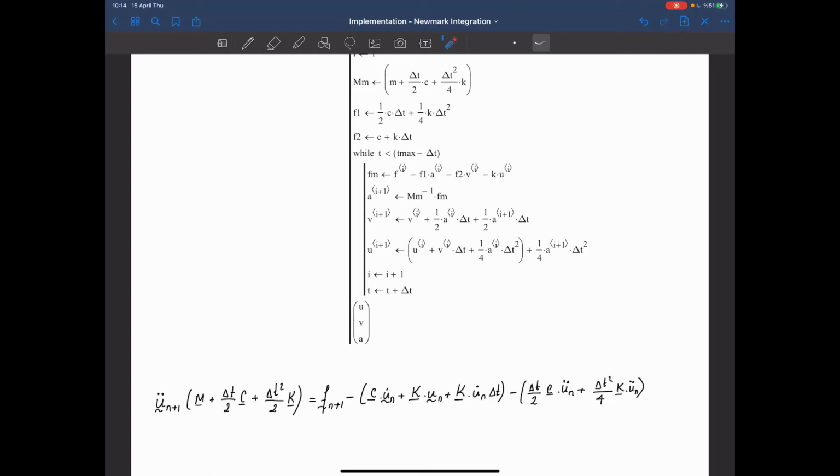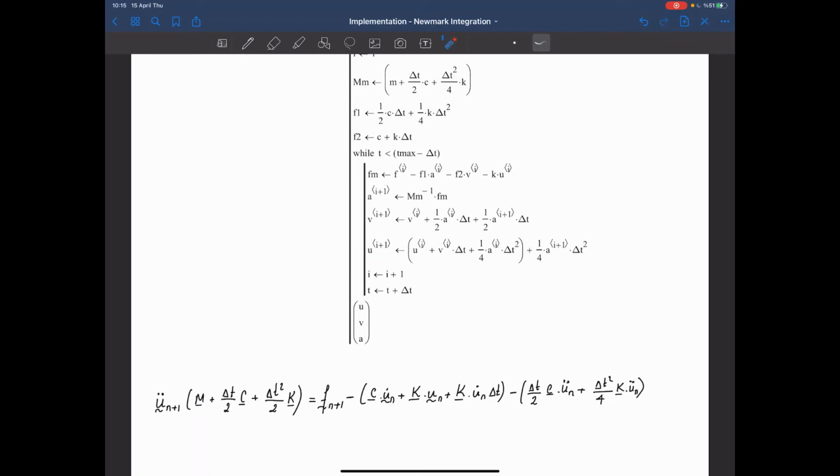So the algorithm is very similar to the single degree of freedom part. We calculate the F hat, and then we invert this matrix, or you can just factorize and calculate the accelerations, and from the calculated accelerations, you calculate the velocities and the displacement for the next time step.